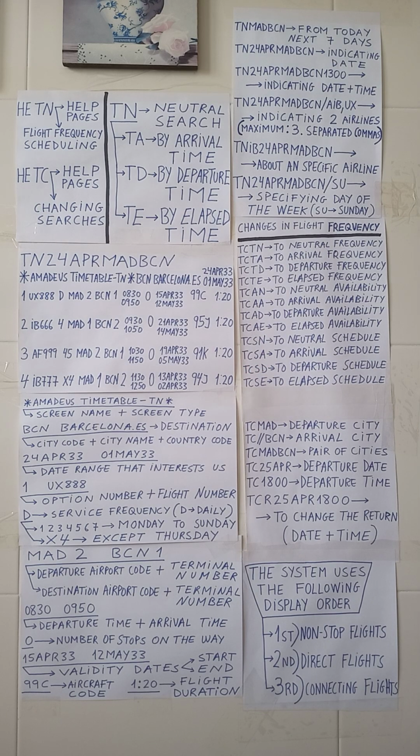TCSD is used to change a search that has been previously done so that the new search is now with the SD code. Finally, TCSE is used to change a search that has been done previously so that the new search is now with the SE code.